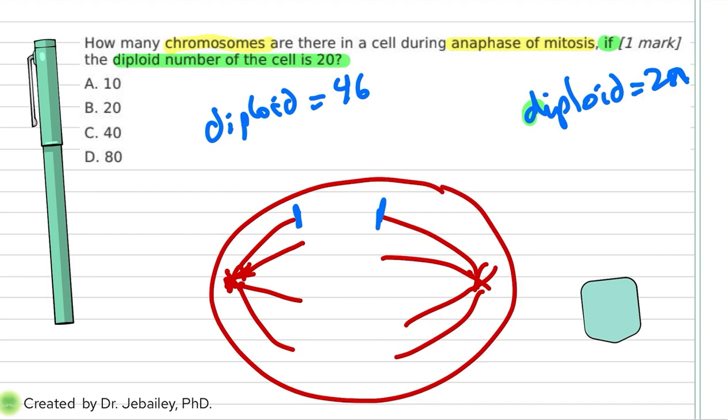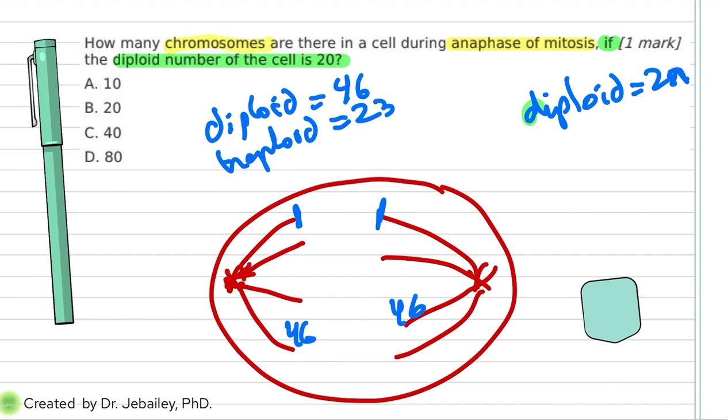A haploid, which is half of that, would be 23. That's for humans. Now, whenever you're going through mitosis, you cannot have just 46, because there has to be 46 coming this way and 46 coming that way.